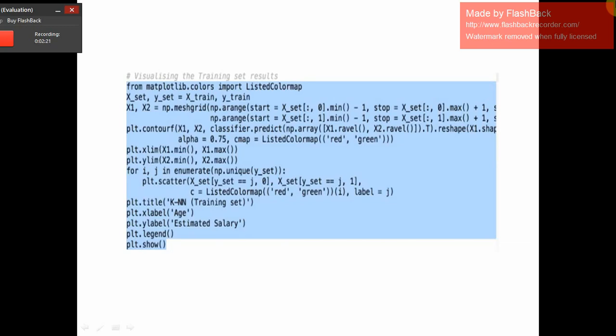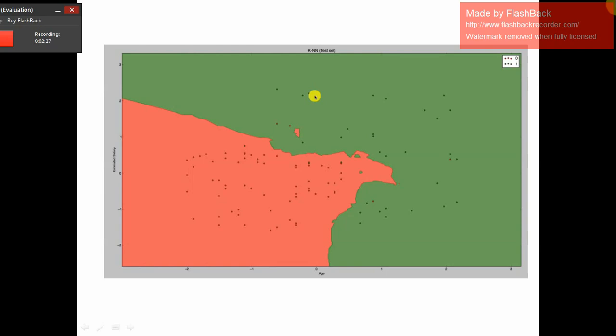With the k-means training set, labels and estimated salary, the output was beautifully executed when visualized, differentiating the red and green dots. There were only seven variations between the groups, so the model had 98% accuracy.